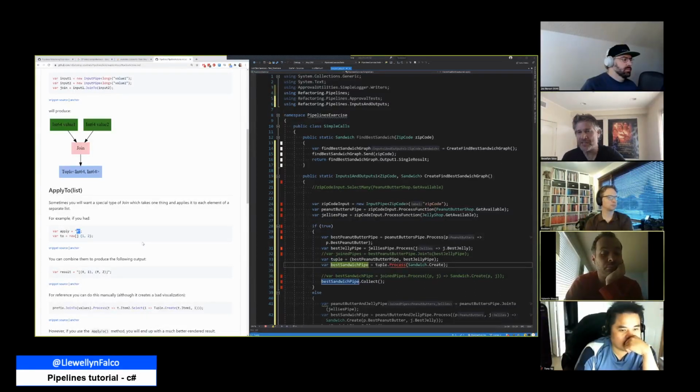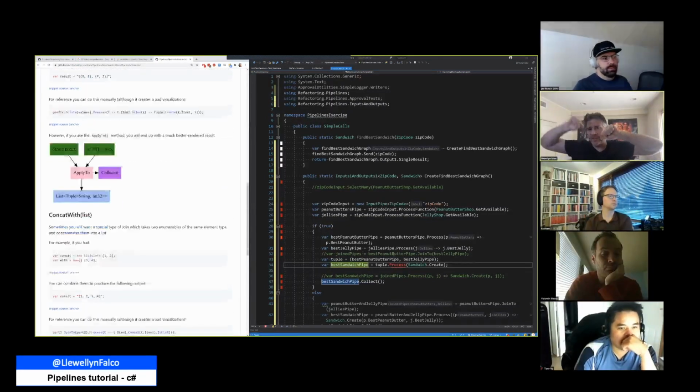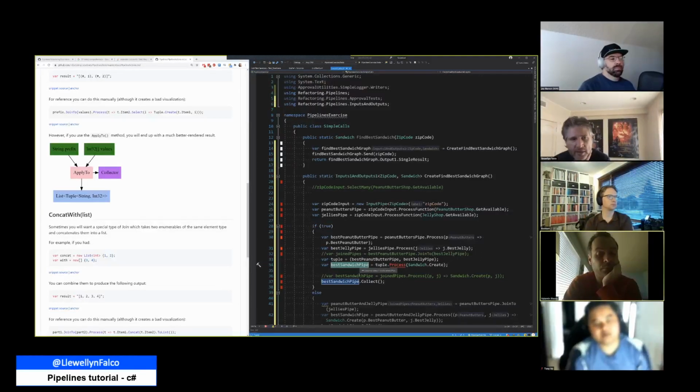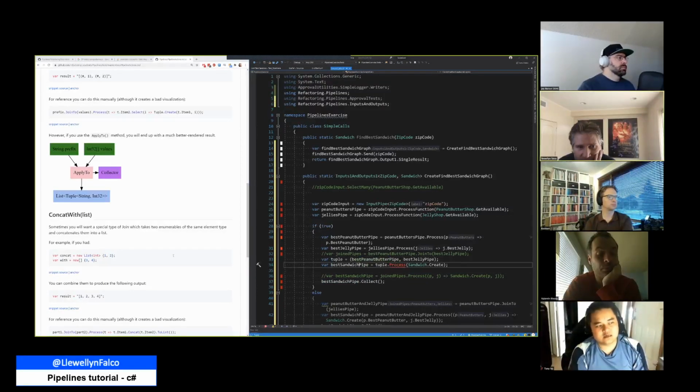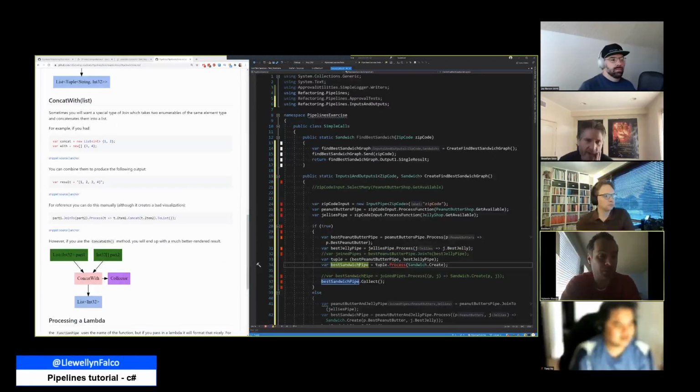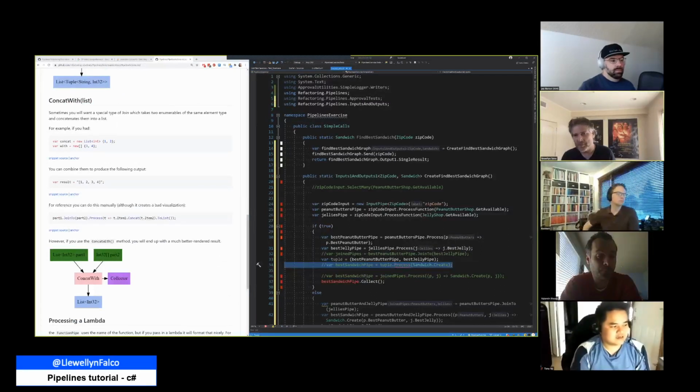Here you're taking a single result from one pipe and a many result from another pipe, then taking the single and applying it to each of the many, and creating a new many. And if you go down again, you have concat of 2 lists. So we have a list and another list, and then we're putting those 2 together.